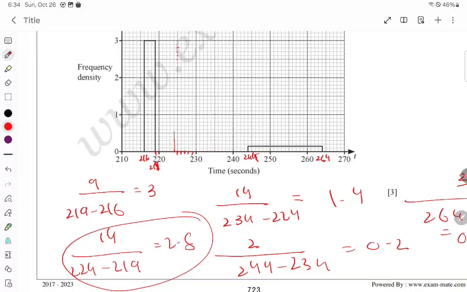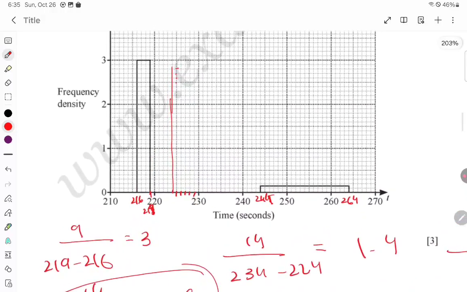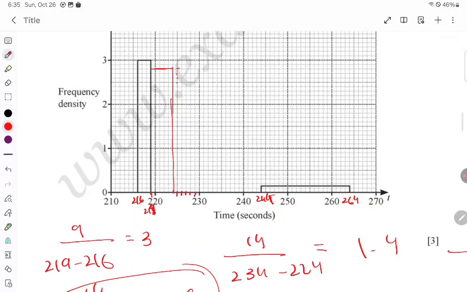Make a straight line. Stop at the 228, and this is our second histogram bar.